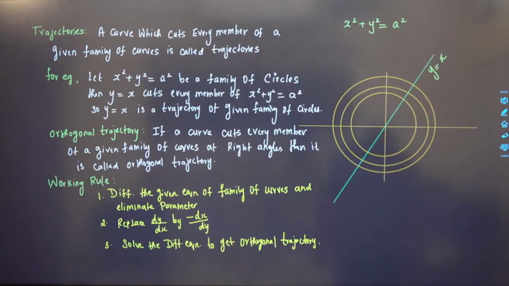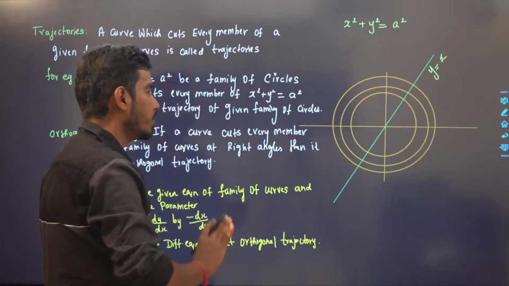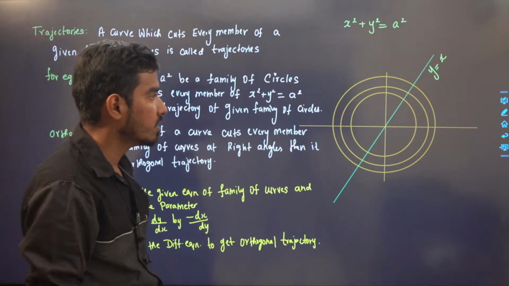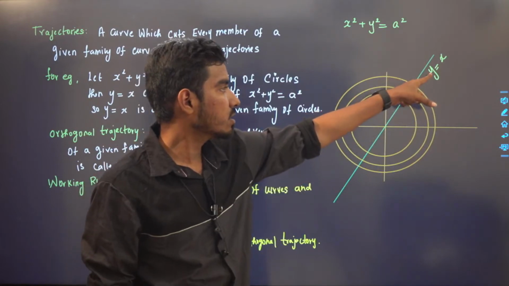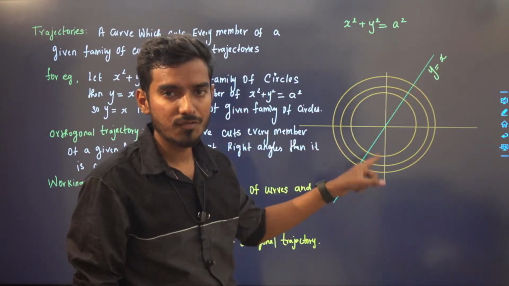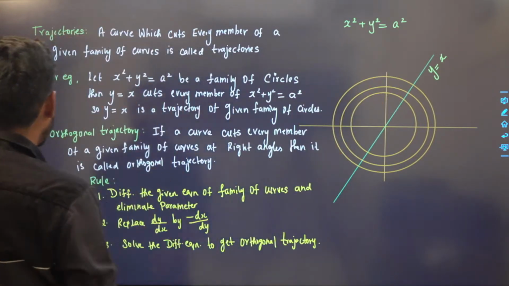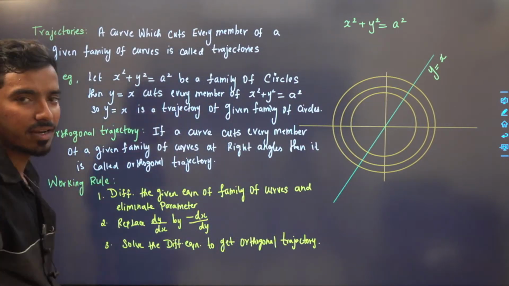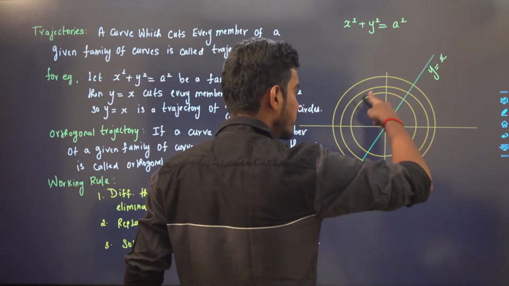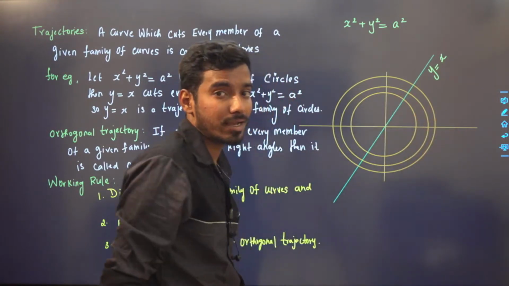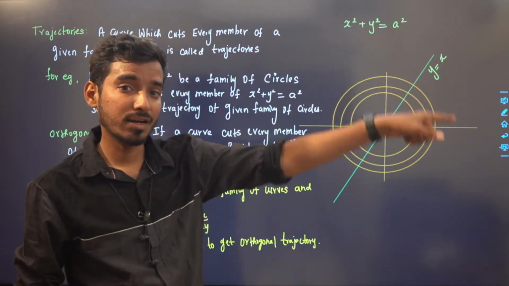Now we will define what is meant by orthogonal trajectory. So what is a trajectory? We have a family of curves, and if there is a curve that cuts every member of the family of curves, then this curve is called a trajectory. Now, if this curve cuts the family of curves at right angles, then this curve is called an orthogonal trajectory.